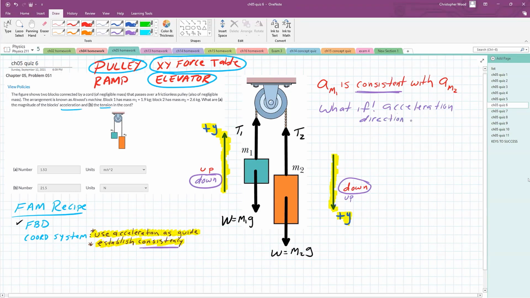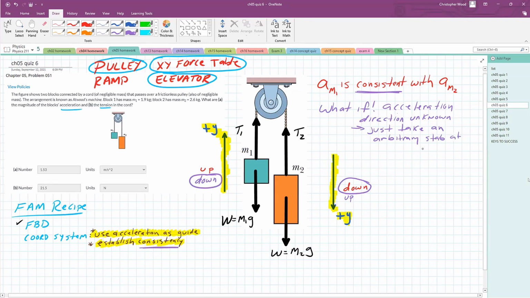The answer is just establish one. Just take an arbitrary stab at it.